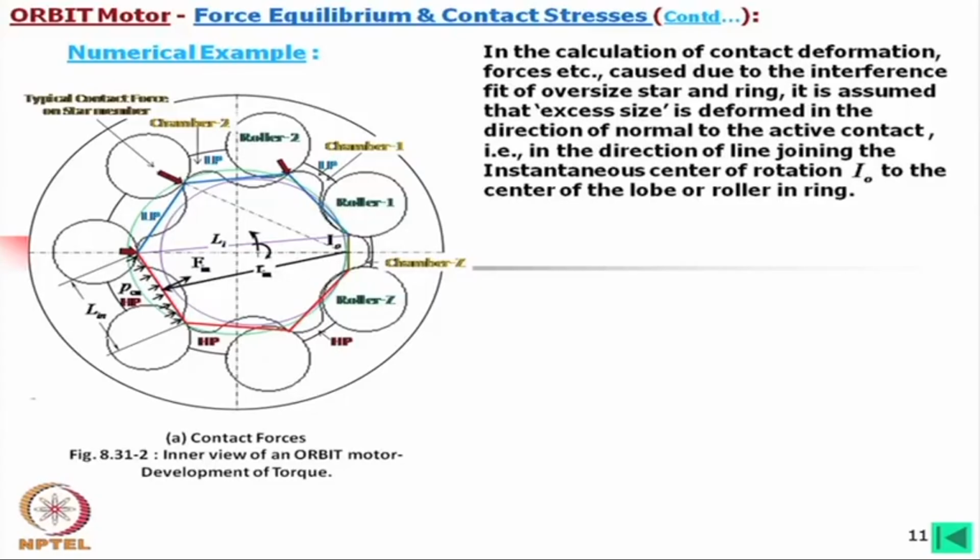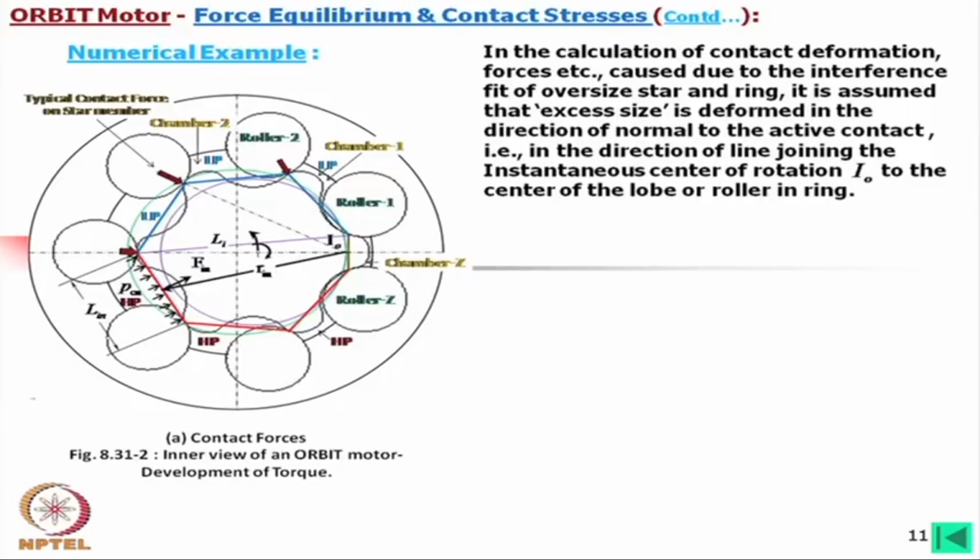In this case, such interference is taken care of by a few contacts only. So, most likely it is not uniformly distributed.